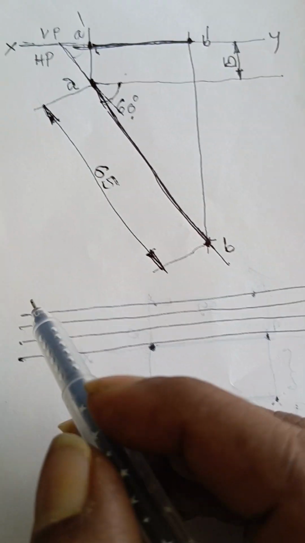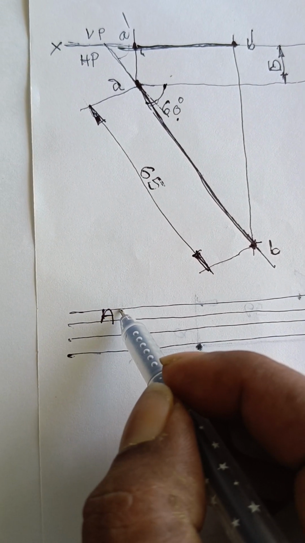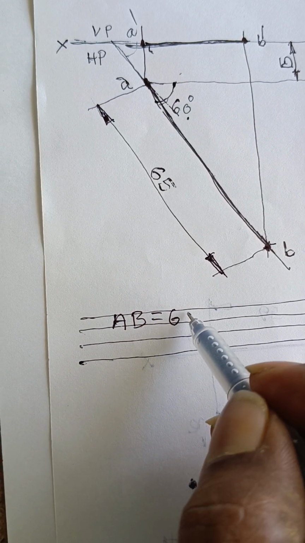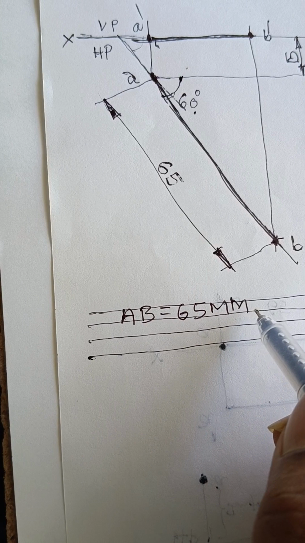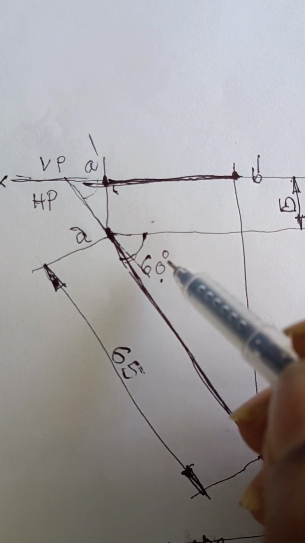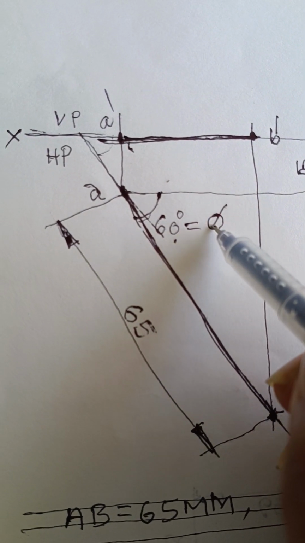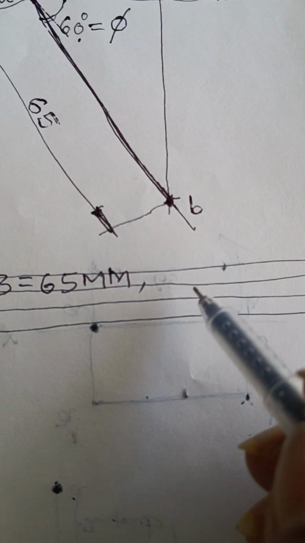After drawing the guidelines, the AB line length we need to show here as 65 mm, and the angle of inclination, 60 degrees, is considered here as theta. Theta is the angle with the vertical plane.